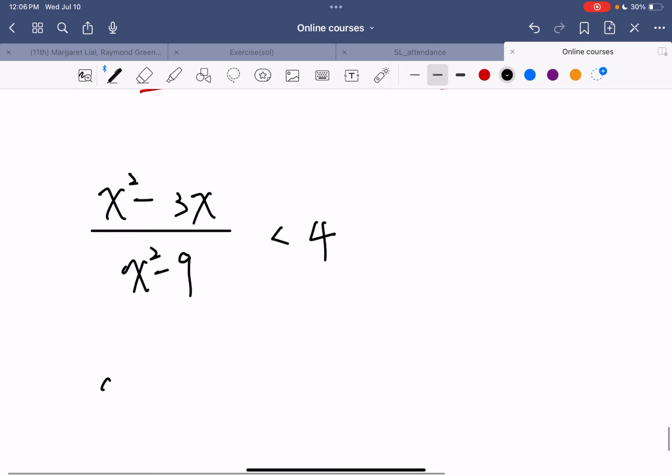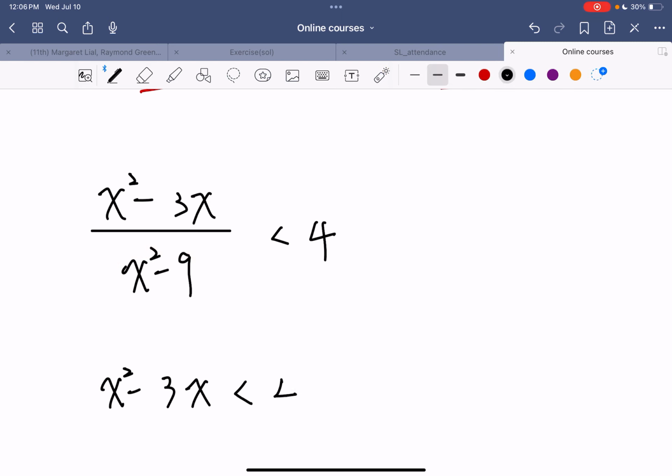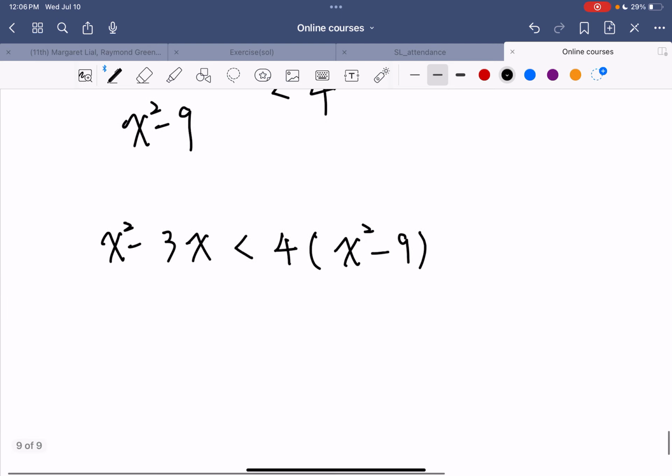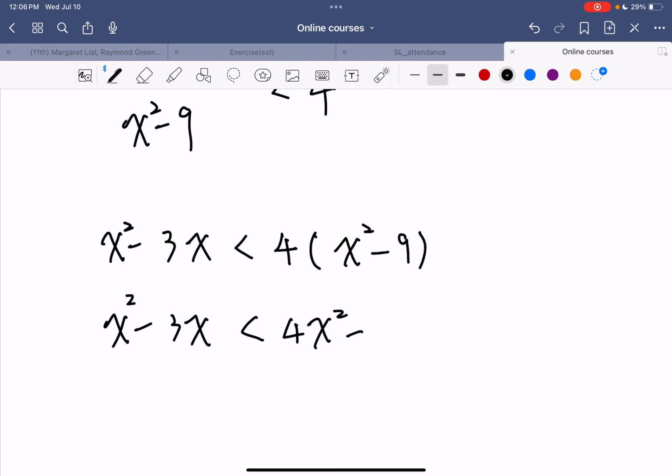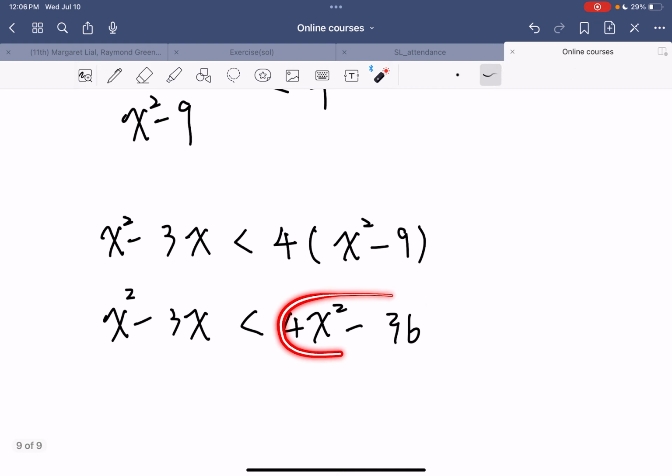Okay, and we got x squared minus 3x less than, we times this part to the right, so 4 times x squared minus 9. Okay, we got x squared minus 3x less than 4x squared minus 36, come from this part. Okay, then we move everything to the left.